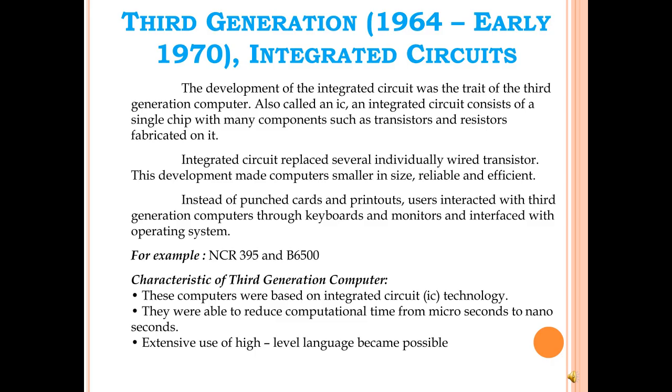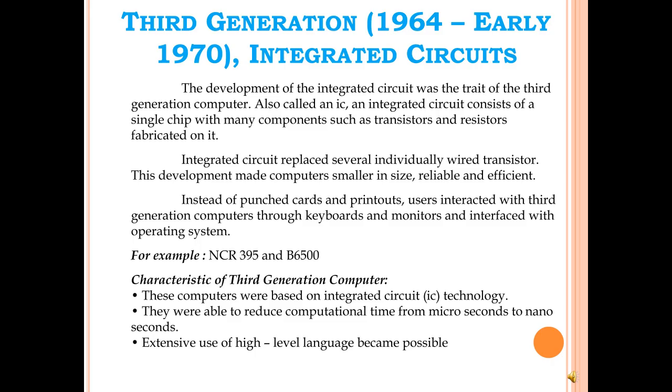During the third generation, instead of punched cards and printouts, users interacted with computers through keyboards and monitors. The time came with the keyboard and monitor and an interface with the operating system.